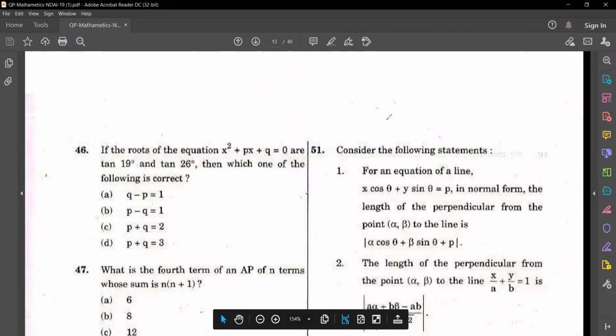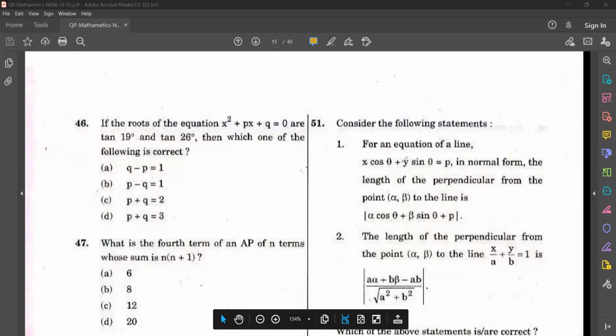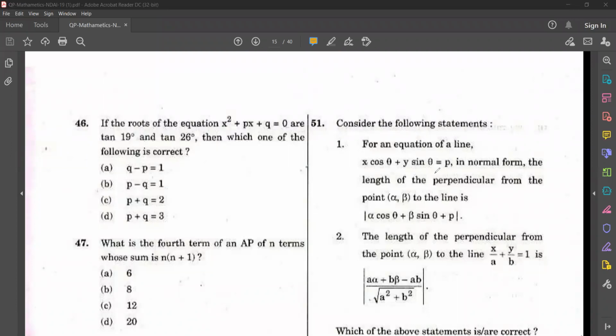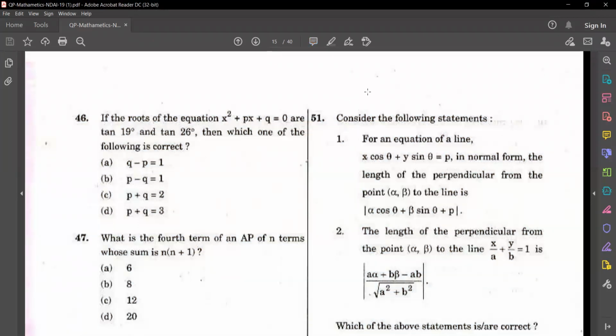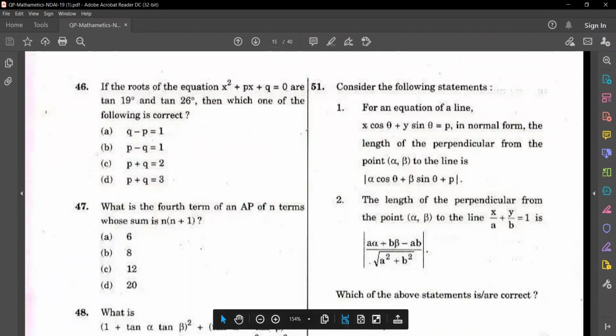For an equation of a line, x cos theta plus y sin theta is equal to p in the normal form, the length of the perpendicular from the point alpha comma beta to the line is alpha cos theta plus beta sin theta is equal to p.